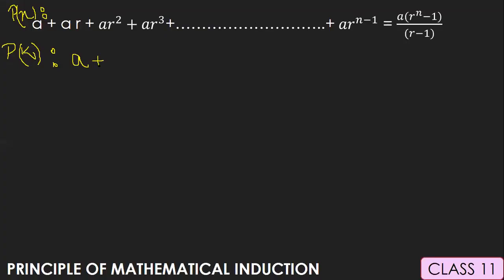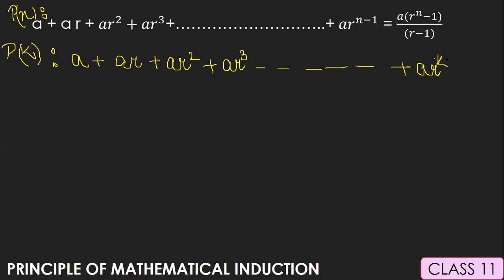If it is true for n is equal to k, so your Pk would be A plus AR plus AR square plus AR cube and so on till AR raised to the power k minus 1, right?